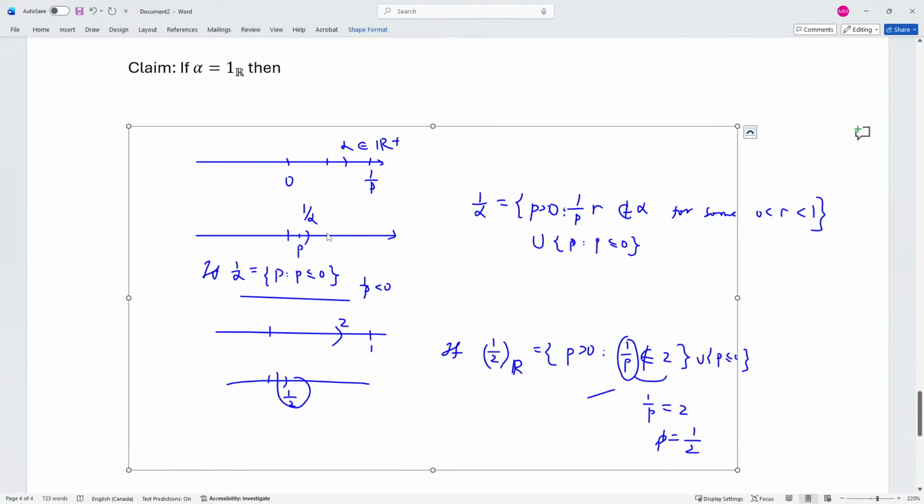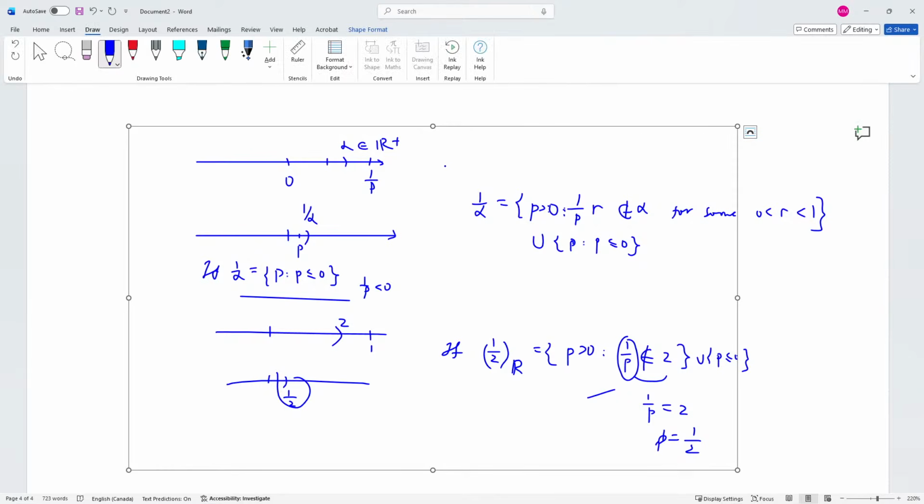If 1 over alpha has no positive, then it must be the whole set.